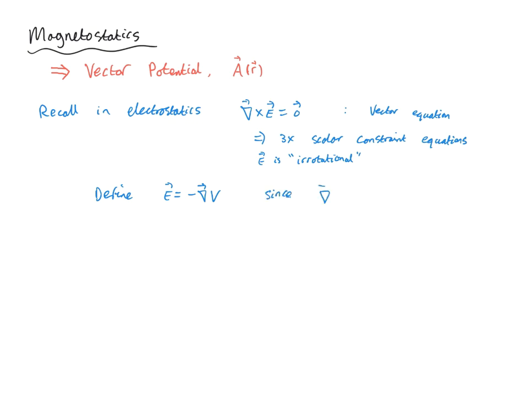And that's because the curl of the gradient of a scalar function is equal to 0 by the magic of maths. So this applies for any scalar function V. So the constraint equation is automatically satisfied if we choose the electric field as the gradient of a potential.